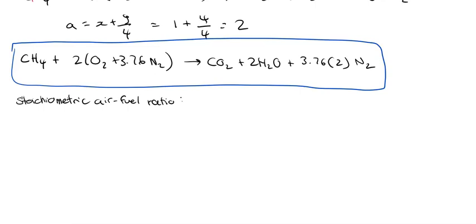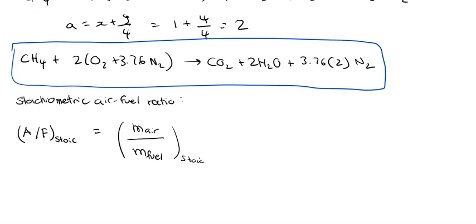We can express this as A over F, with a little stoic at the bottom, is equal to M air over M fuel. Again, for our stoichiometric equation, that is 4.76 A over 1, which is MW air over MW fuel.